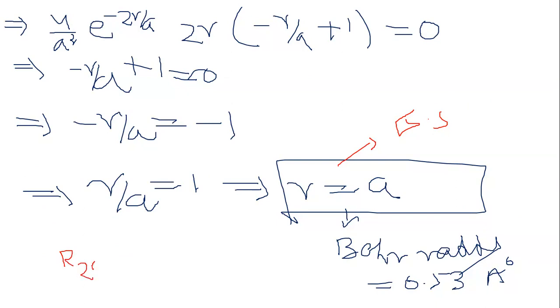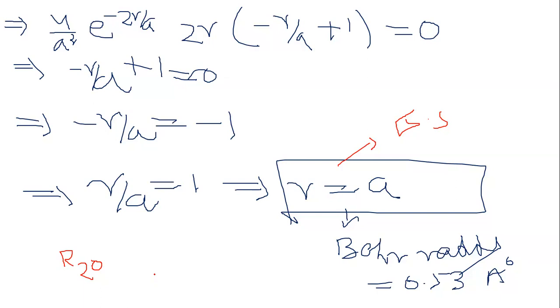You take the R20 mod square and multiply it with r squared and then equate the derivative with respect to r to 0, then you will get the value of r, and that will give you the most probable distance for the first excited state of the hydrogen atom.